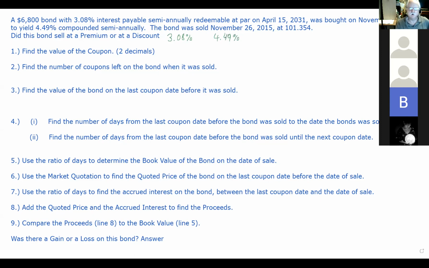So if you could go out into the market today and buy investments worth 4.49%, but you're going to pay more or less for this investment that is paying 3.08%, you're going to pay less for this. So this is going to sell at a discount.